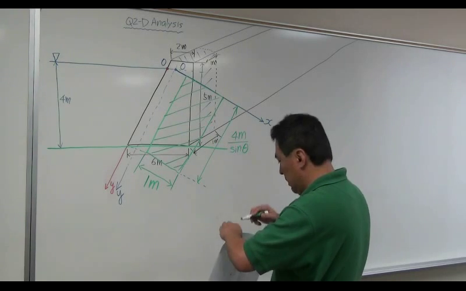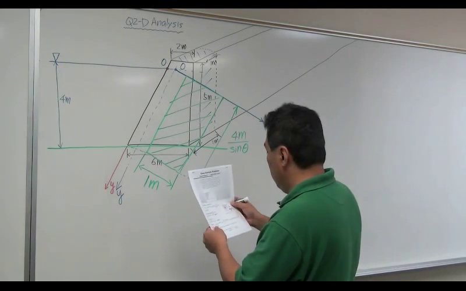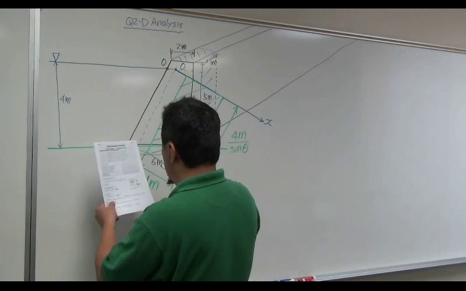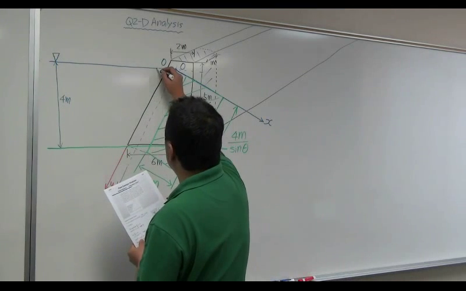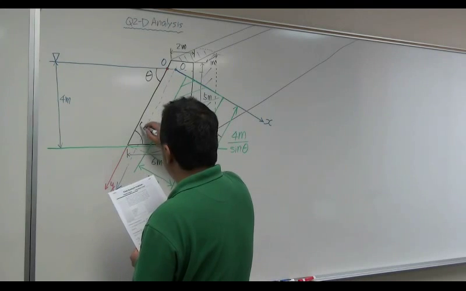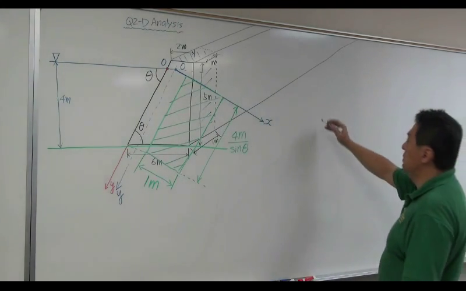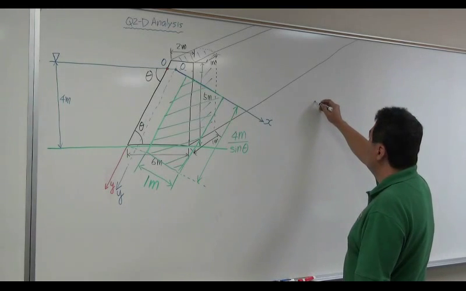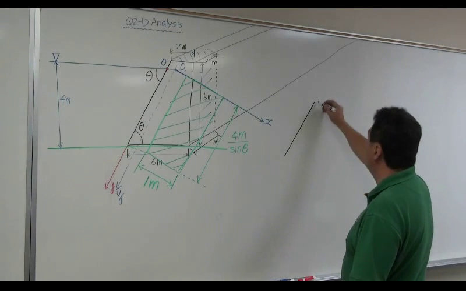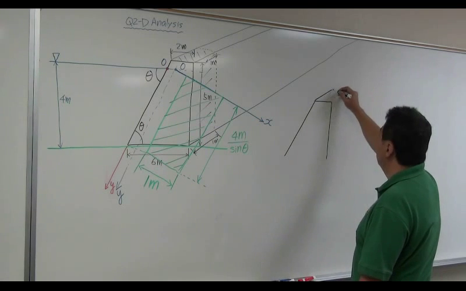Oh, what is theta? Theta is something you have to figure out, which is this. This is theta also. Okay, so let me redraw this picture once again. This is a concrete block. Unit width.